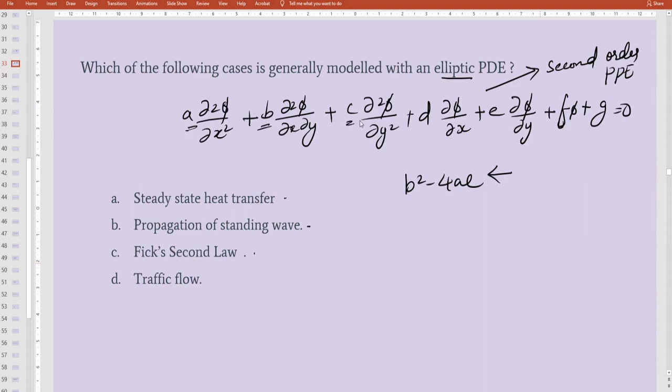Depending on the value of this b square minus 4ac, the equation can be divided into three.